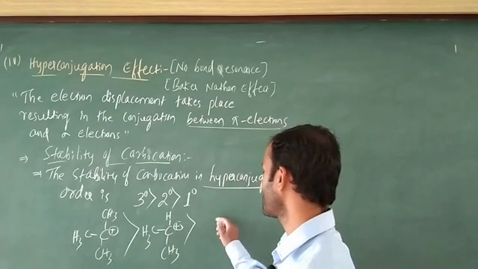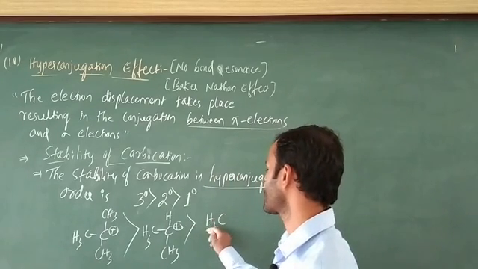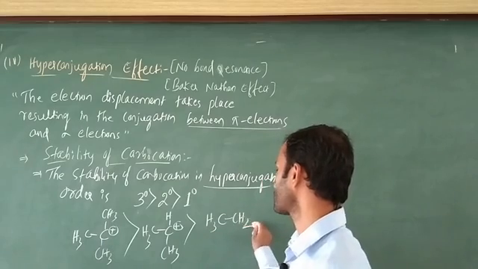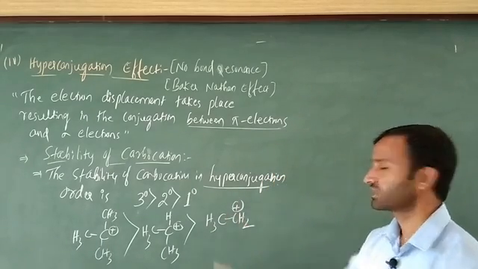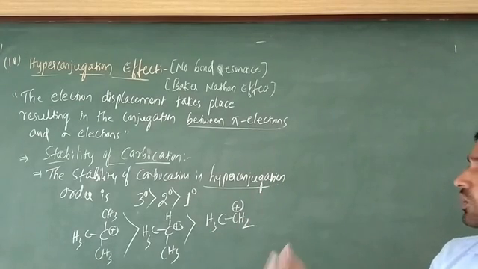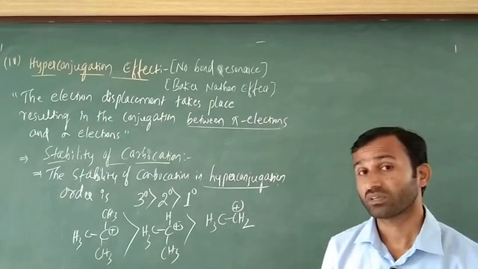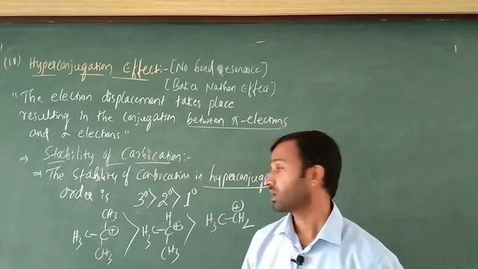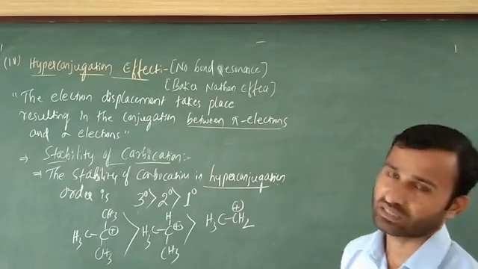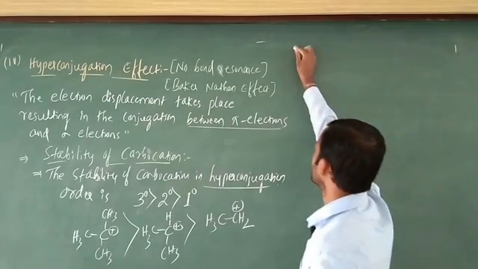Next after that, primary. Primary means this is a CH3, next CH2 with a positive charge. This carbon containing 2 hydrogen atoms is primary. This is the order of the hyperconjugation effect. Next question: why is tertiary more stable? Why not secondary? Why not primary first? That point we are going to study.